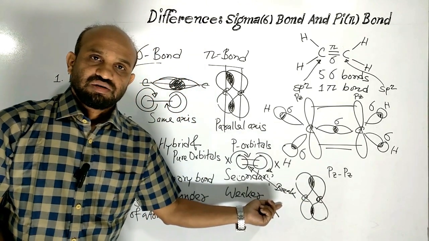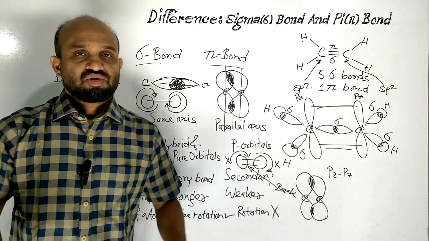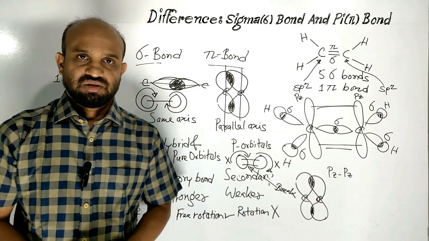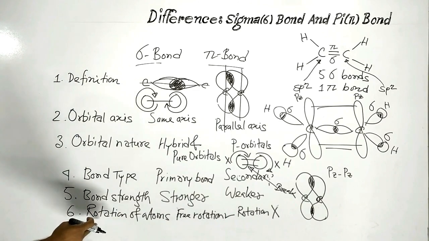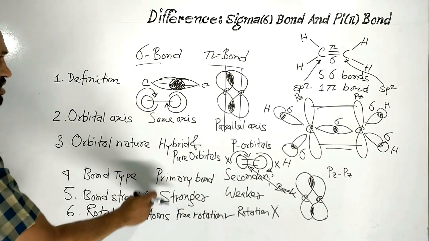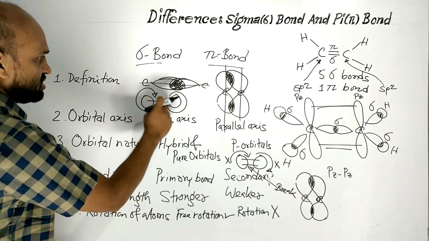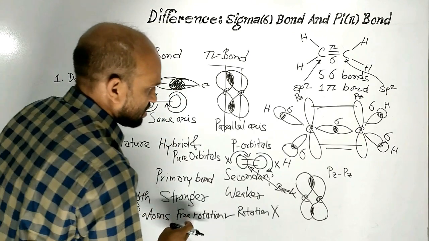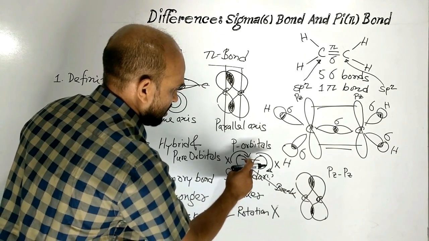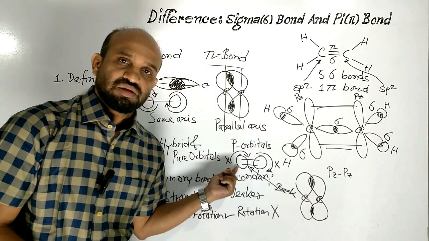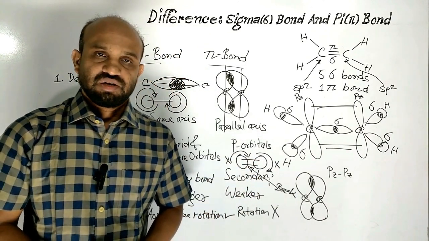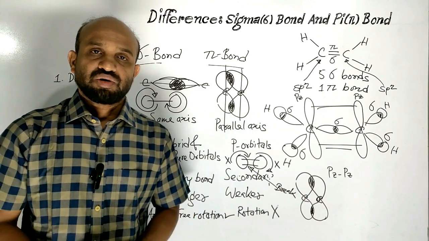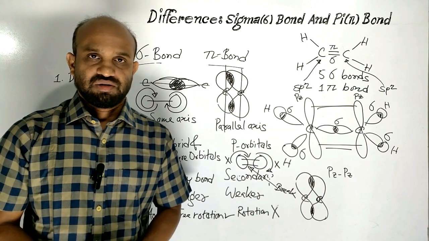Without breaking this double bond, atoms cannot rotate freely. So this is the point: atoms can rotate freely along the sigma bond axis, but atoms along the pi bond axis cannot.